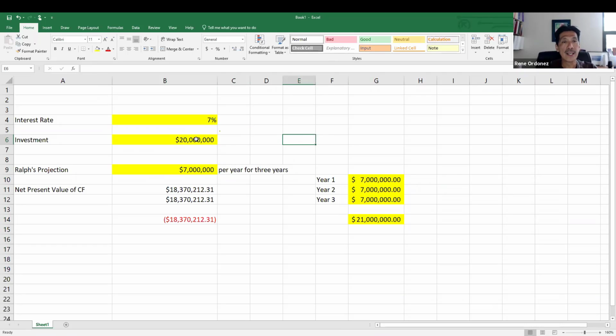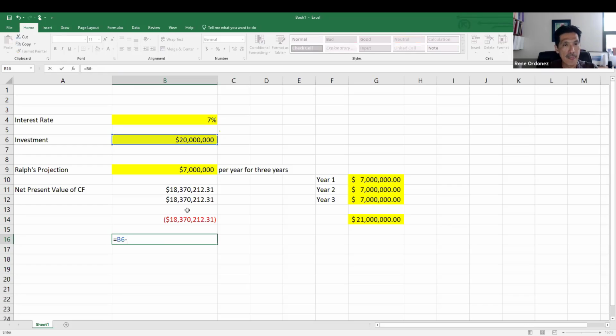Or if you are comparing this investment versus the return, there's actually a net loss on your investment of about $1.629 million.